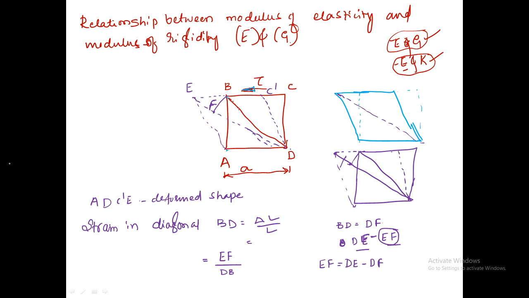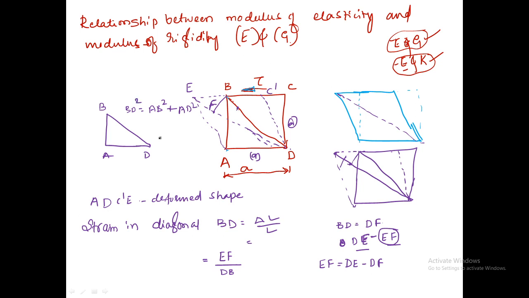Based on geometry, let us take this distance as A, and this is also A. Now you need to find out what the distance here is. How will you find out? You just apply the Pythagoras theorem here. This distance is AD, this distance is AB. So BD equals what? AB square plus AD square.